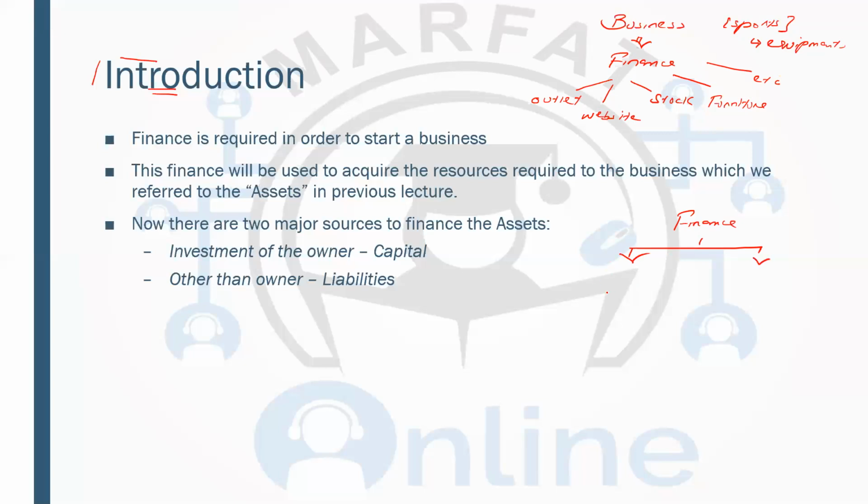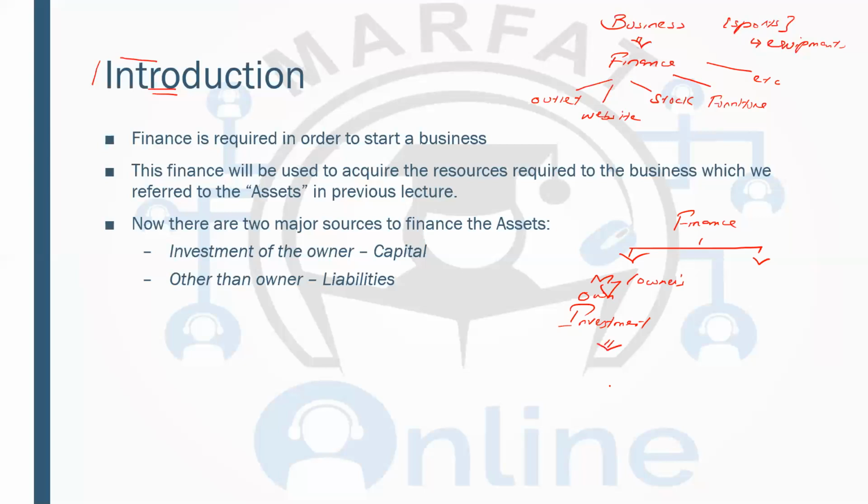The first source is my own capital, my own investment. And when I'm saying my, that means the owner's own investment. Say, for example, I'm a rich man by family. I have my own savings. I have my own money to start my business. So what actually I did, I started my business with my own investment.